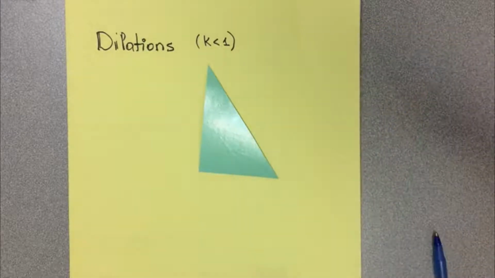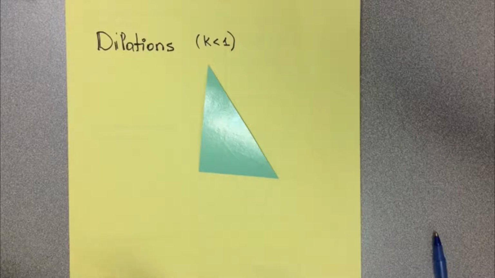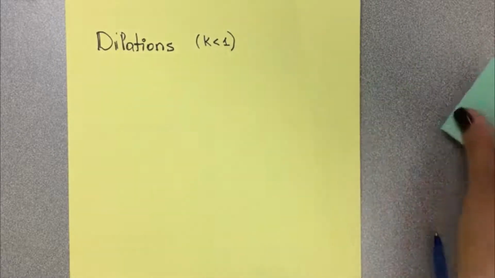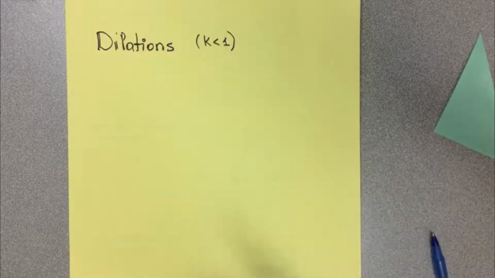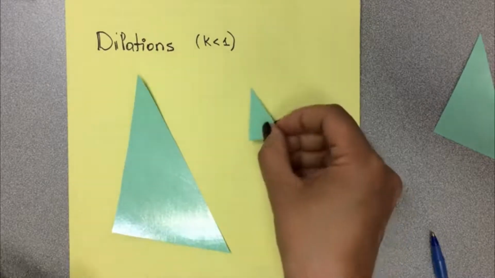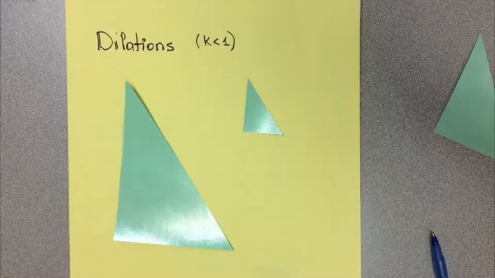So to create a smaller triangle, we need to multiply by a scale factor less than 1. It means you're multiplying by a fraction. Fraction means division. If I have this triangle, the small one will be 1/3 its size.